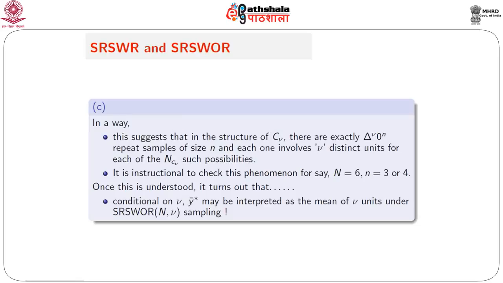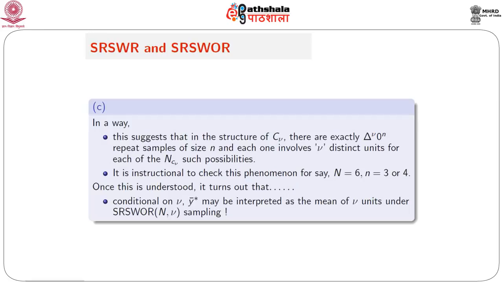In a way, this suggests that in the structure of C sub nu, there are exactly delta nu 0 to the power n repeat samples of size little n, and each one involves nu distinctive units, for each of the N choose nu such possibilities. It is a good instructional exercise for you to check this phenomenon when, for example, capital N equals 6, small n equals 3 or 4.